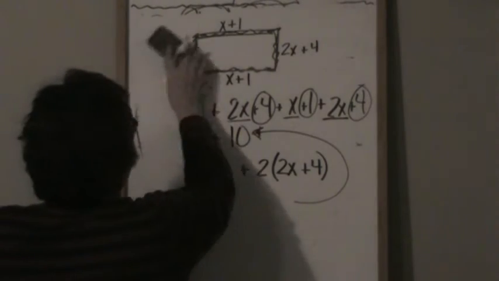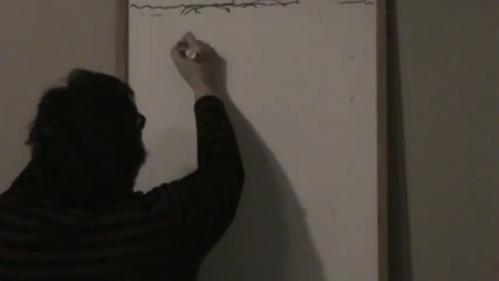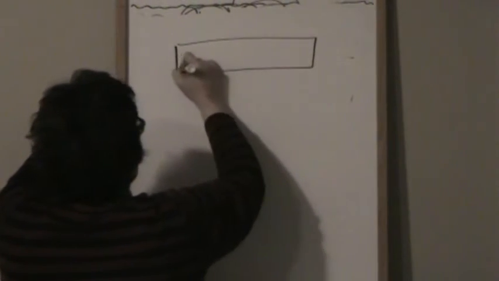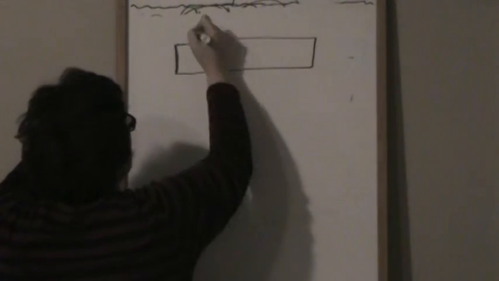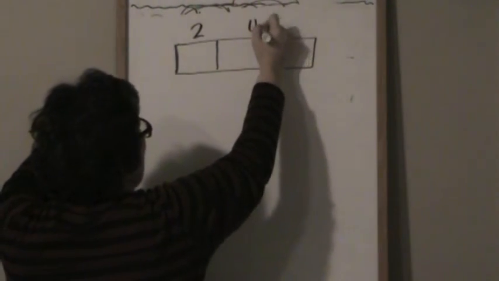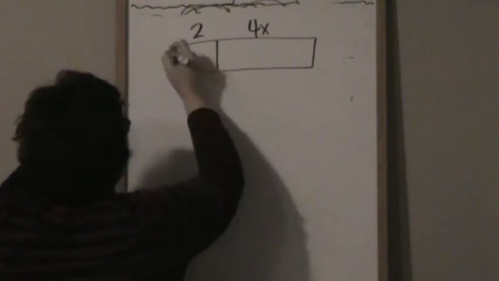Okay, I'm going to draw again for number 23. Same type problem. Looks like we have a rectangle that's kind of divided like that, I think. And we've got 2, and then this is 4x, and then this is 6. I don't know why there's little squares around those numbers. It was probably a text box that got written in and then just ended up looking like that.